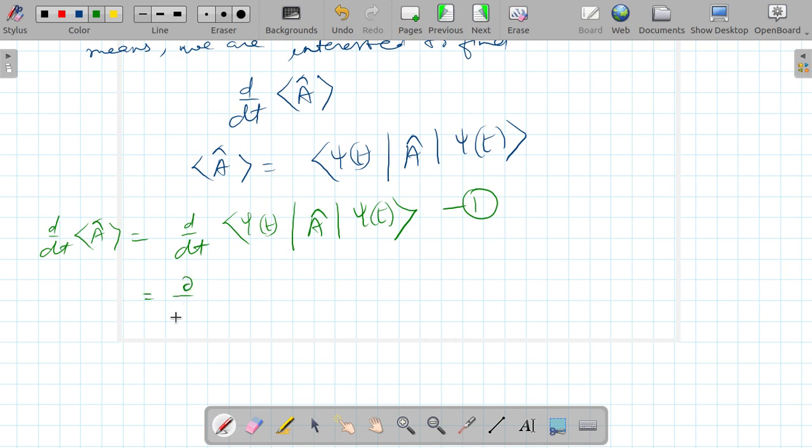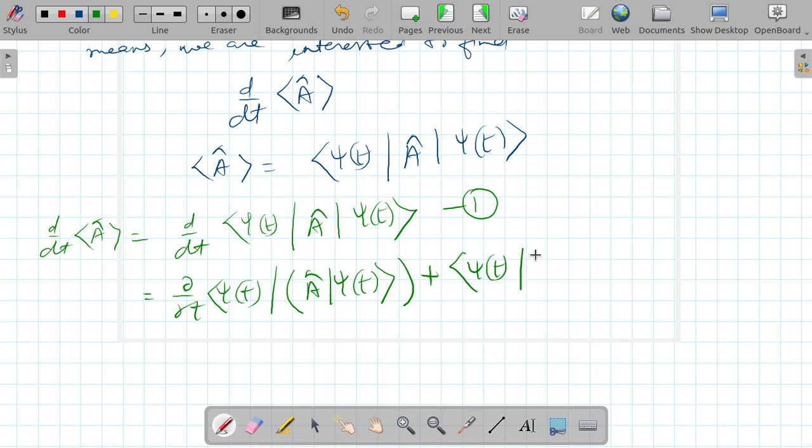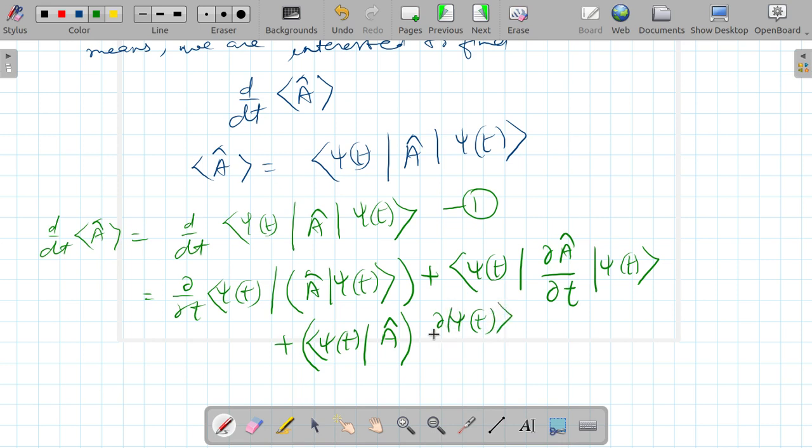So first of all, I have to take the partial derivative of the psi t factor, and the rest of the terms are multiplied as it is, plus this psi t remains as it is, then the partial derivative of the operator, and this third term will remain as it is, plus psi t into the A operator, this remains as it is, and the curly psi t we have to take its derivative, right?